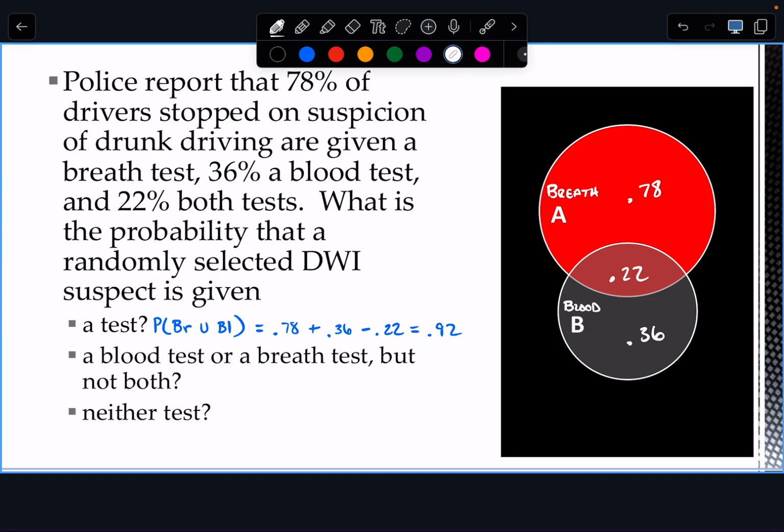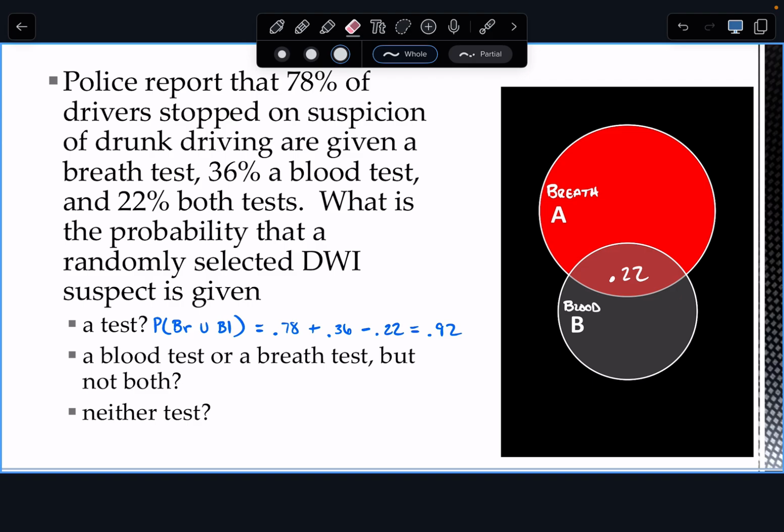Because when I say 78% of people got a breath test, that means the entire circle A total is 78. I'm not filling in the total circle right now. I'm filling in the portion of the circle that had people that got a breath test but not a blood test.